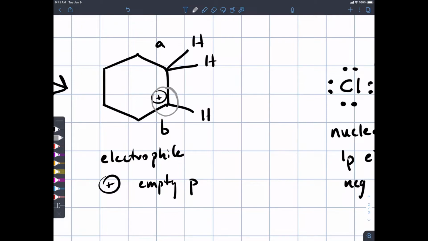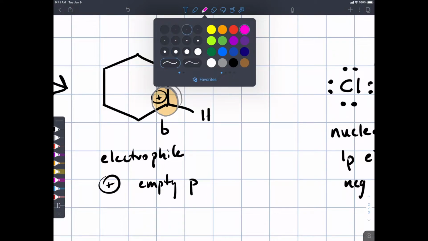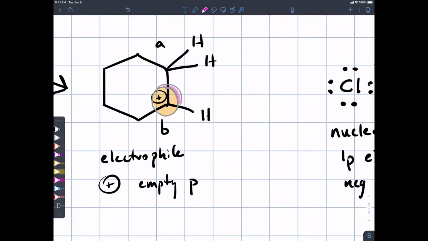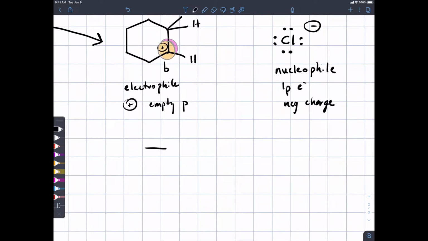If we're taking the view from above, we'd have a lobe above the plane of the page, and another lobe below. Oops, we're going to need to decrease our font size there. Another lobe below the plane of the page. And if we were looking at this from the side, what would we see?